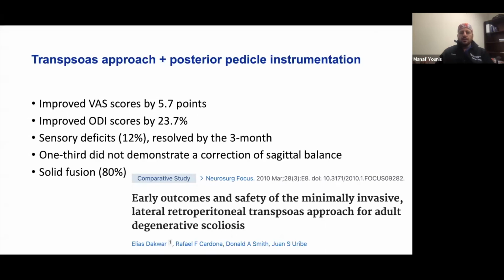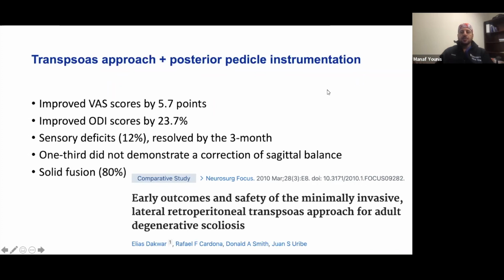Postoperatively, only 12% were found to have sensory deficits that resolved by 3 months follow-up, as previous studies have demonstrated. In regards to correction, one-third of the patients in the study did not demonstrate the correction of the sagittal balance. However, 80% of patients at 6 months postoperatively had demonstrated solid fusion.